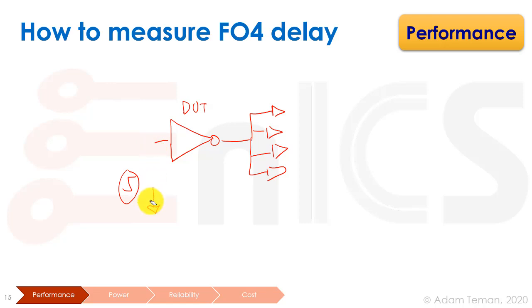So what we will usually do, and this is a general methodology that is worth doing in all simulation, we will not drive a gate with an ideal source. We should drive a gate with another gate.